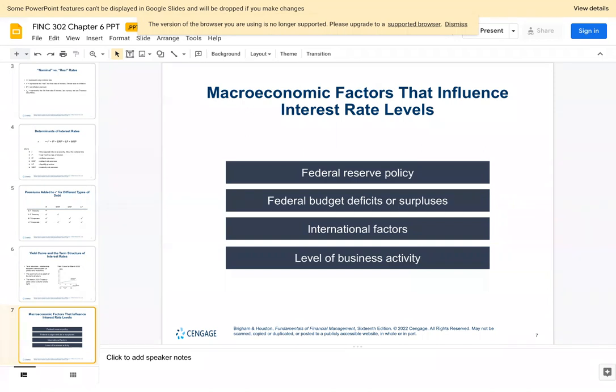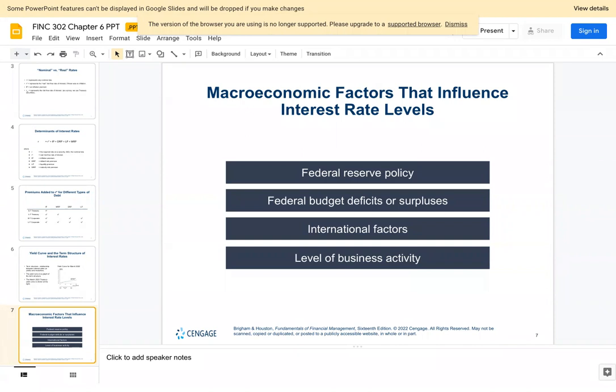Now, another factor that affects the level of interest rates is the federal budget deficits or surpluses. When we have a deficit, the Federal Reserve will have to sell more Treasury securities, and interest rates will eventually go up.